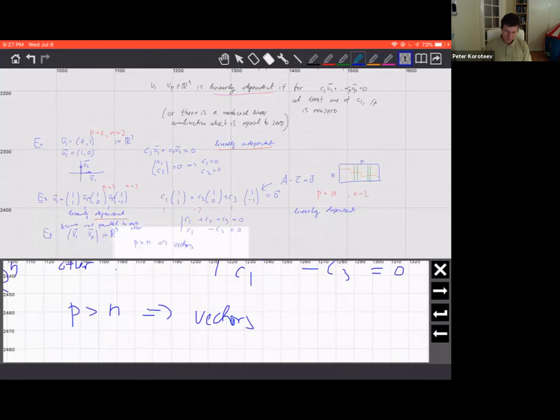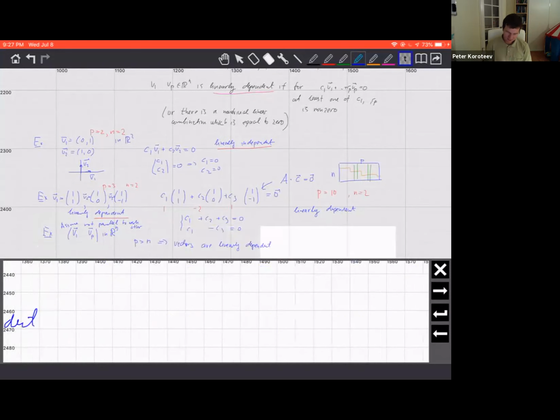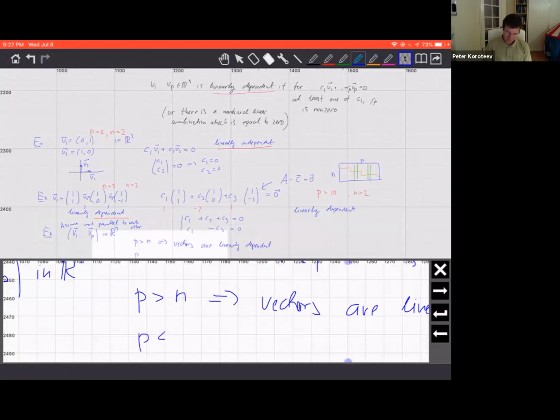So if p is bigger than n, these vectors are linearly dependent. And if p is less than or equal to n, they'll be linearly independent.